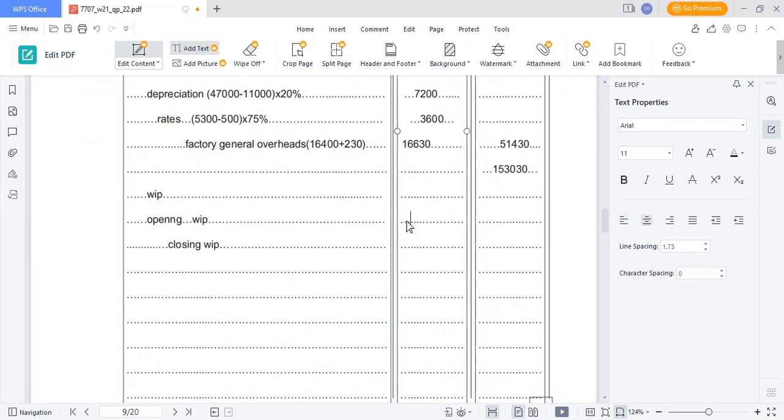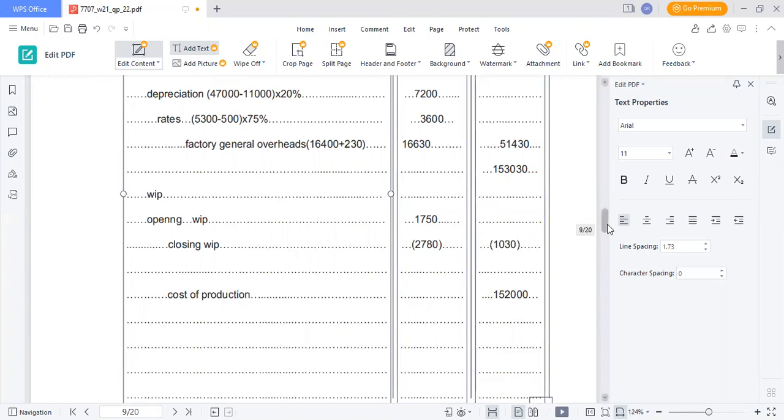Opening work in progress is 1,750. Closing is 2,780. That will be deducted. That is 1,750 minus 2,780, which is 1,030 net. So it will give us 152,000. That will be cost of manufacturing or cost of production.